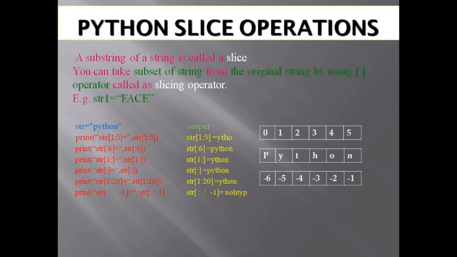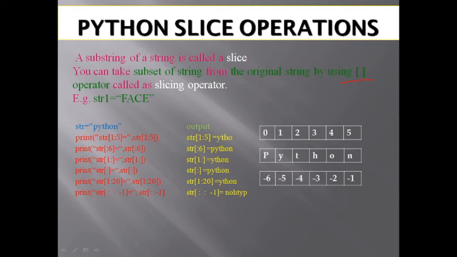Now slice operation means a substring of a string is called a slice. You can take a subset of a string from the original string by using the square brackets. That operator is called the slicing operator.